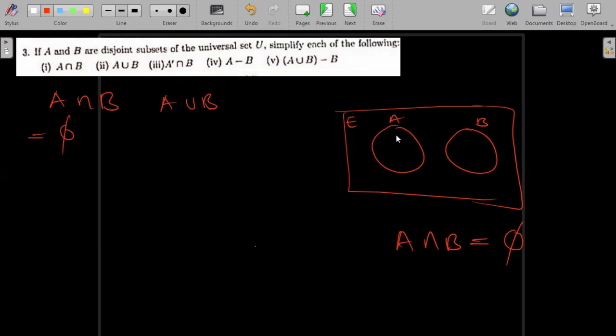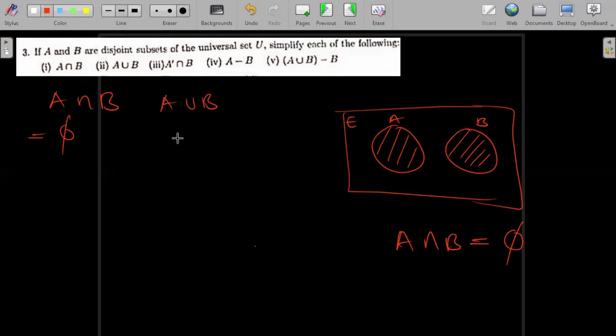So if I check this here, it's going to be my A, and I have my B. A union B just means I'm bringing all these elements together.